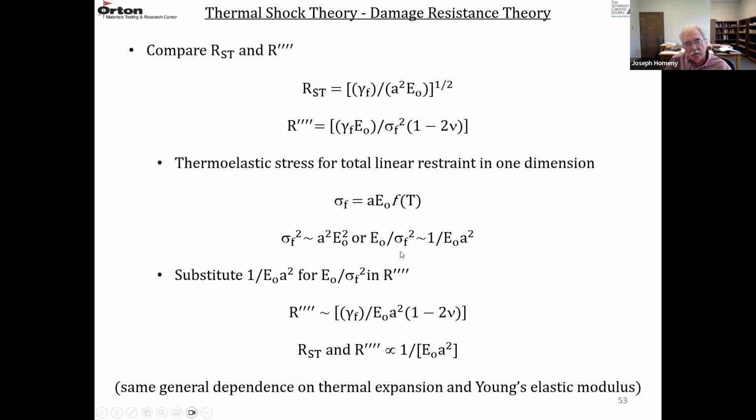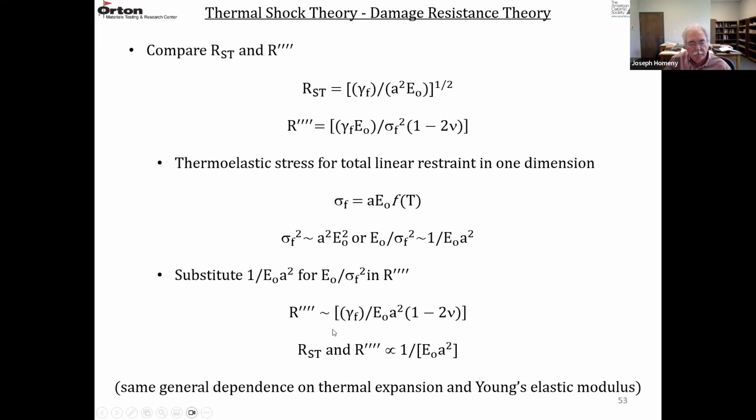If we rearrange this equation, we can show that E over sigma F squared is approximately equal to 1 over E and then the thermal expansion coefficient squared. So we substitute this expression, 1 over E A squared, for this one in R4 prime, E0 over sigma F squared.